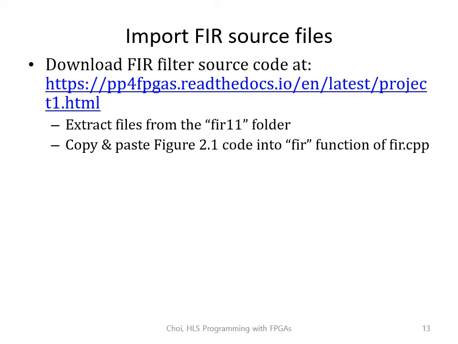Now let's import the FIR source files. The authors of the HLS book have generously posted test code on their website. You can download it from this address. Then please copy and paste the figure 2.1 code from our textbook into the FIR function.